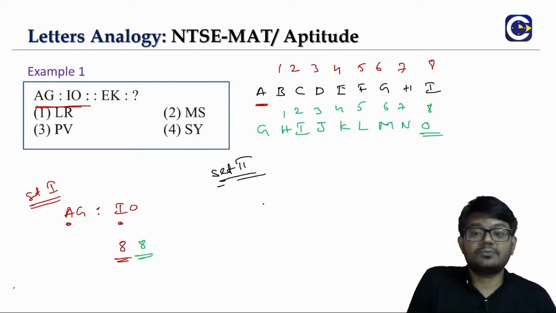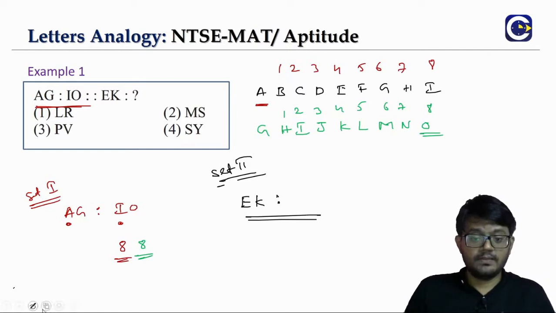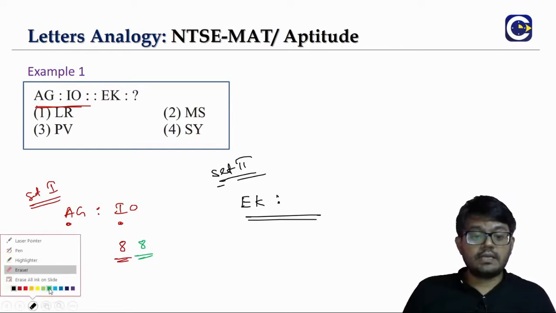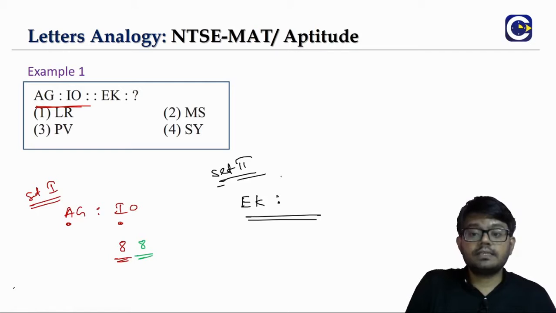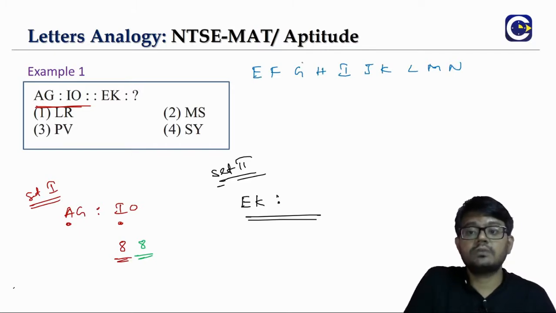The second set is EK. We have to find the pair of letters for that. For the benefit of those students who are not very comfortable with the sequence of letters, I am going to write it in detail so that you get clarity. Look at this: E. After E, it is F, G, H, I, J, K, L, M, N. We have to find the 8th one, so let us count after E: 1, 2, 3, 4, 5, 6, 7, 8.